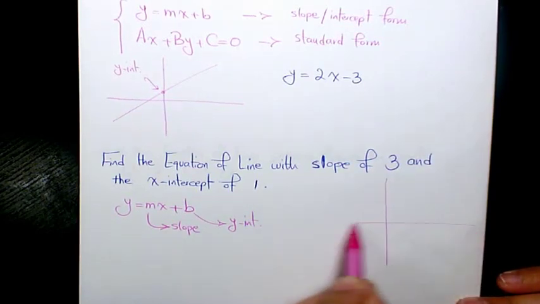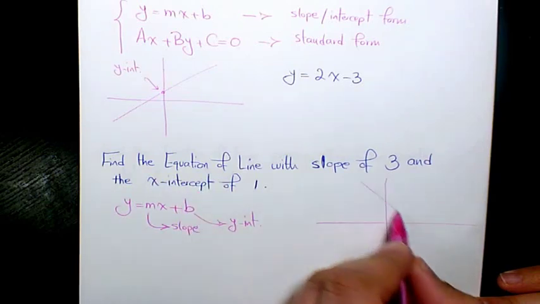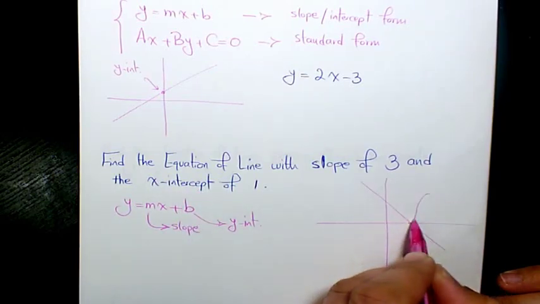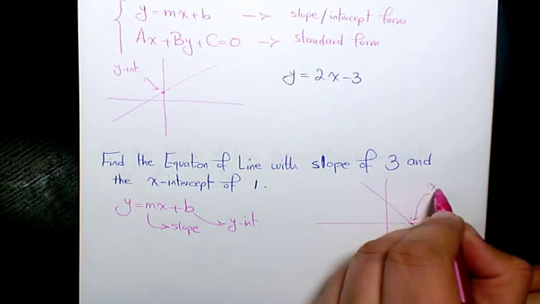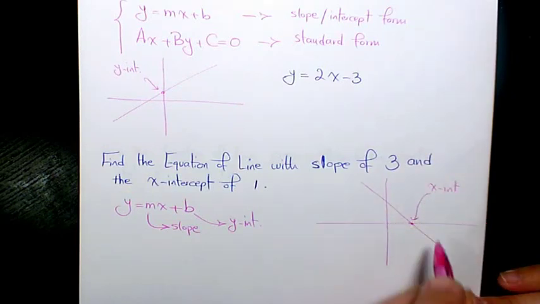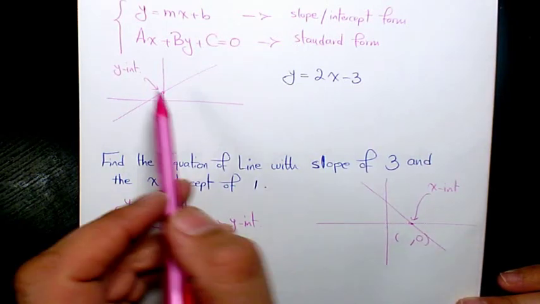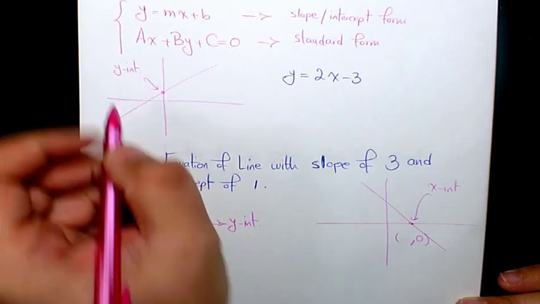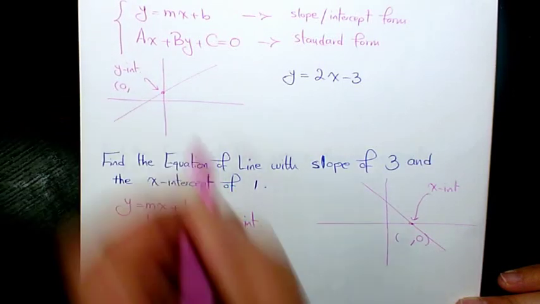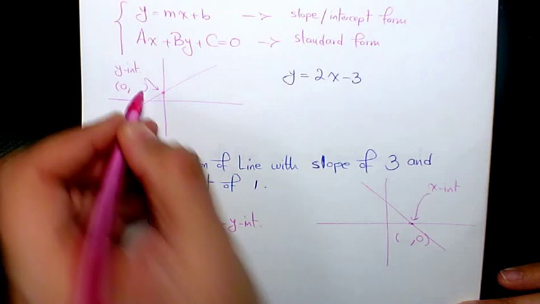So let's say, what is x-intercept? X-intercept is where line crosses the x-axis. It means that the y component of x-intercept is 0. As we saw before, in y-intercept, the x component of this point is always 0.